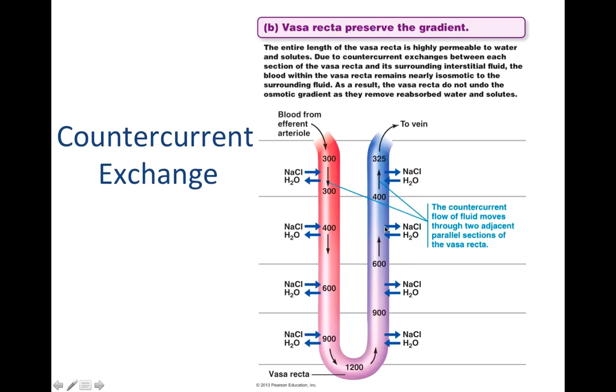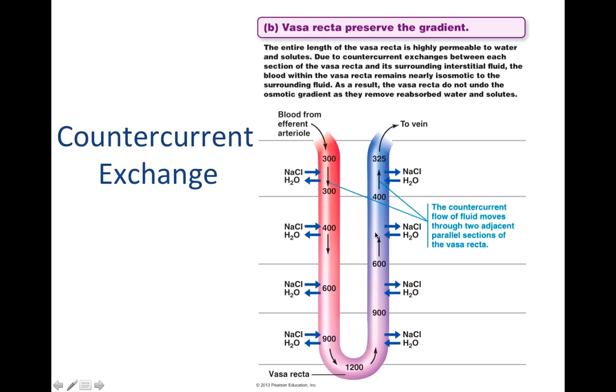And this salt that you originally had brought in will just end up being deposited right back into that interstitial fluid of the medulla. So the water that exits the descending limb of your nephron loop ends up right in your vasa recta.